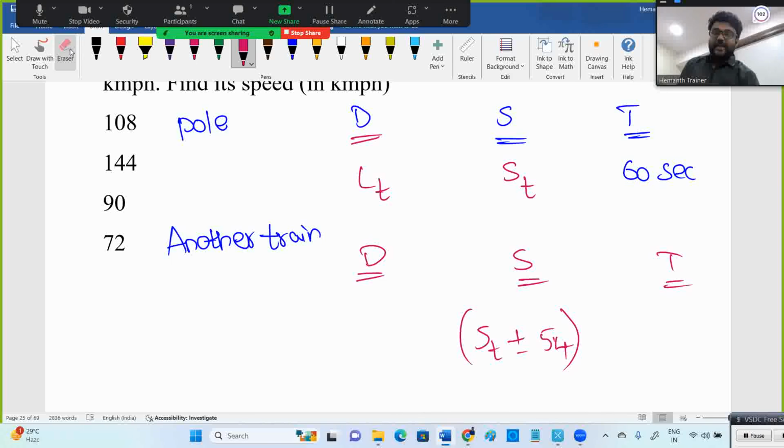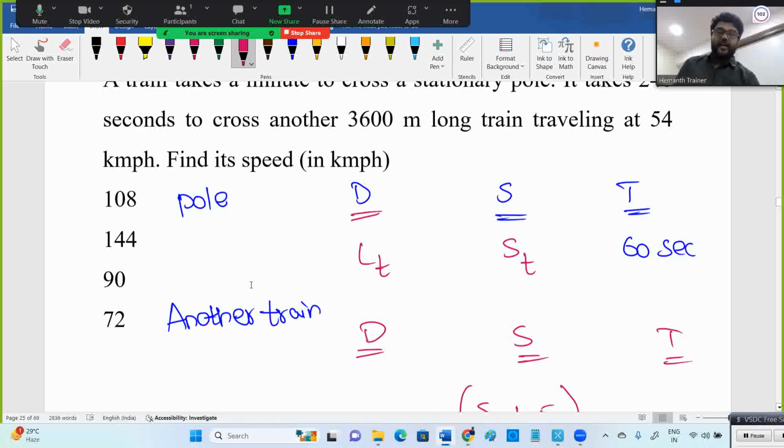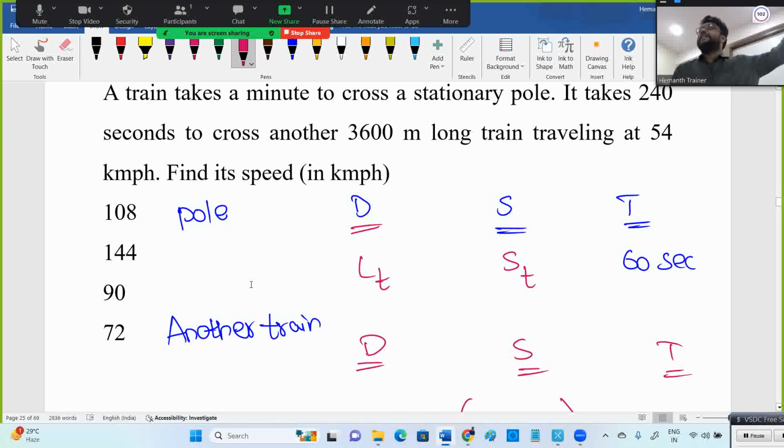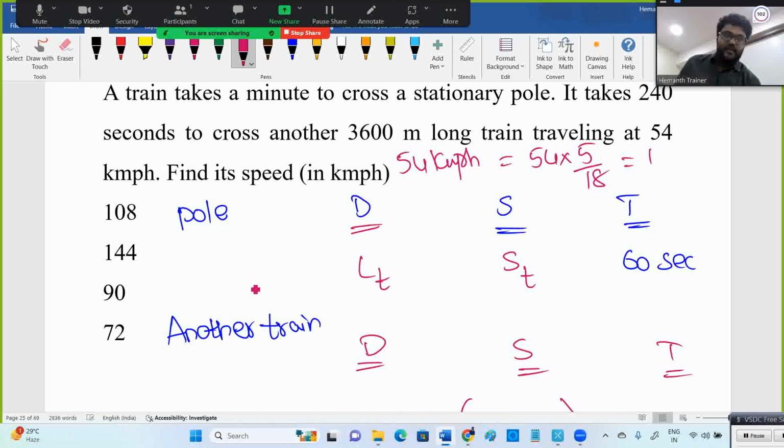But listen, I'm converting 54 kilometers per hour to meters per second, because in the first one the time taken is 60 seconds, and here the distance is given as 3600 meters. So I'll take 54 kilometers per hour and convert it into meters per second: 54 into 5 by 18, which is 15 meters per second.